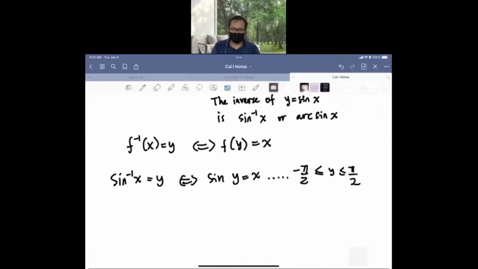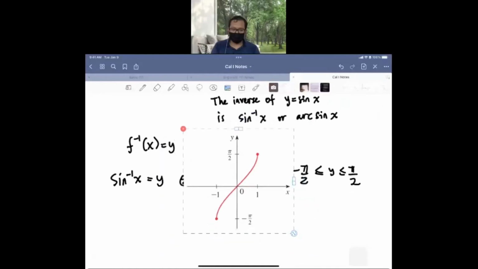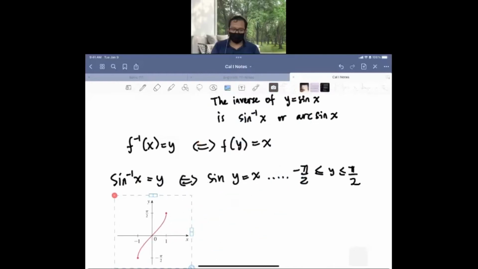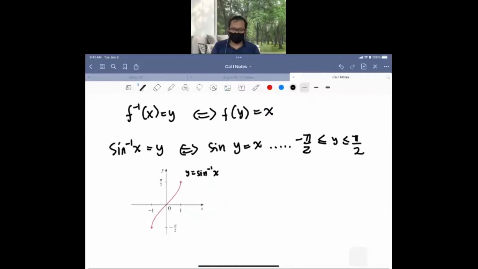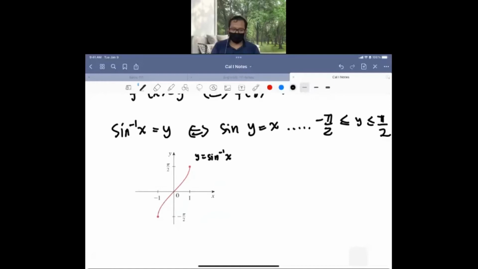And the graph itself for the inverse will be this. It's sine inverse. Okay? Maybe make it a little bit thicker.